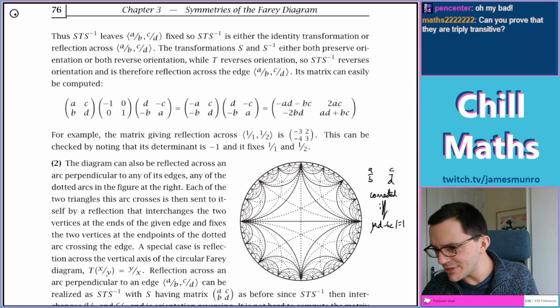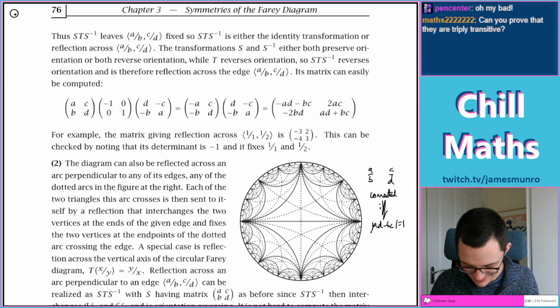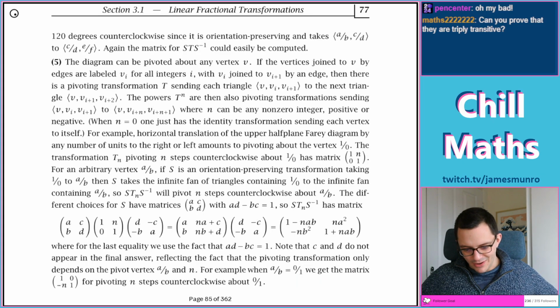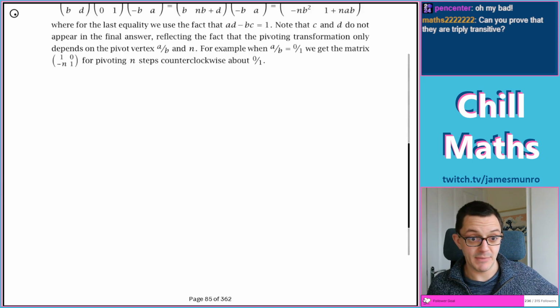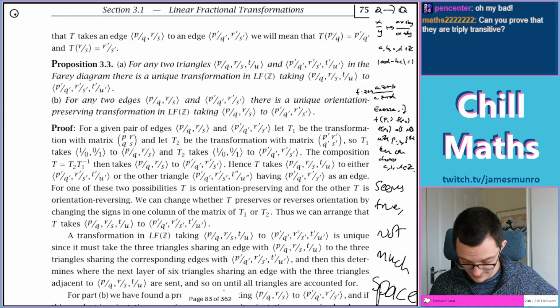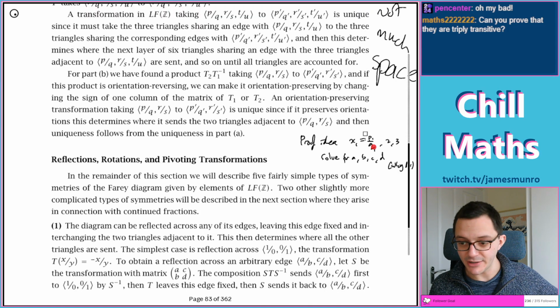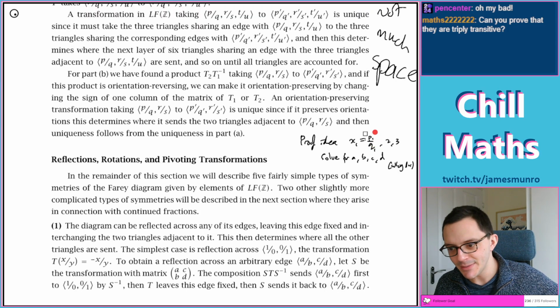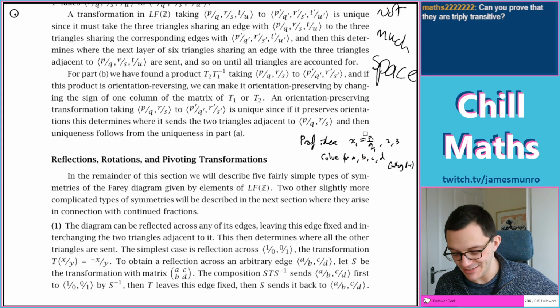Shall I prove they're triply transitive? Well, yeah, it's the same proof, isn't it? I think the proof when I saw it many years ago was something like the same structure as this, but without assuming fractions. Throw in Z1, Z2, Z3, solve for the coefficients, and say, look, I've solved for it.